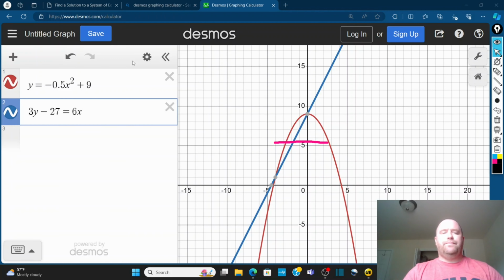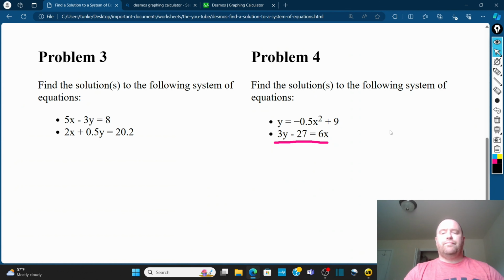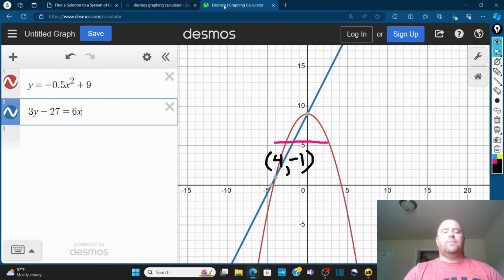So 4, negative 1, and then the other point is going to be 0, 9.